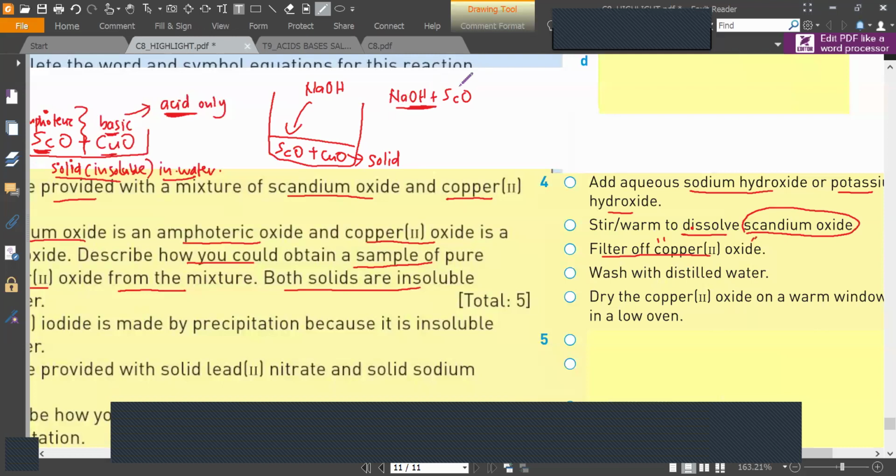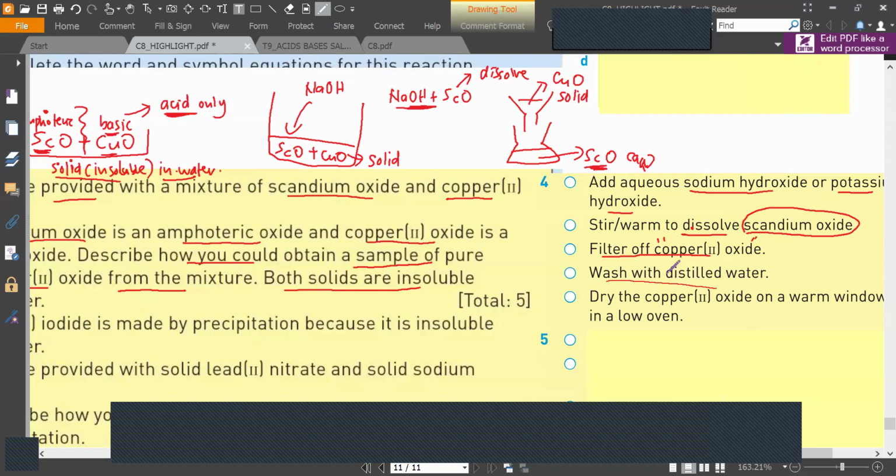The scandium oxide will dissolve because it reacts with the sodium hydroxide. So now we can filter. The copper oxide solid will remain in the funnel, and the scandium will be in the solution, now aqueous. So now we separate the two.